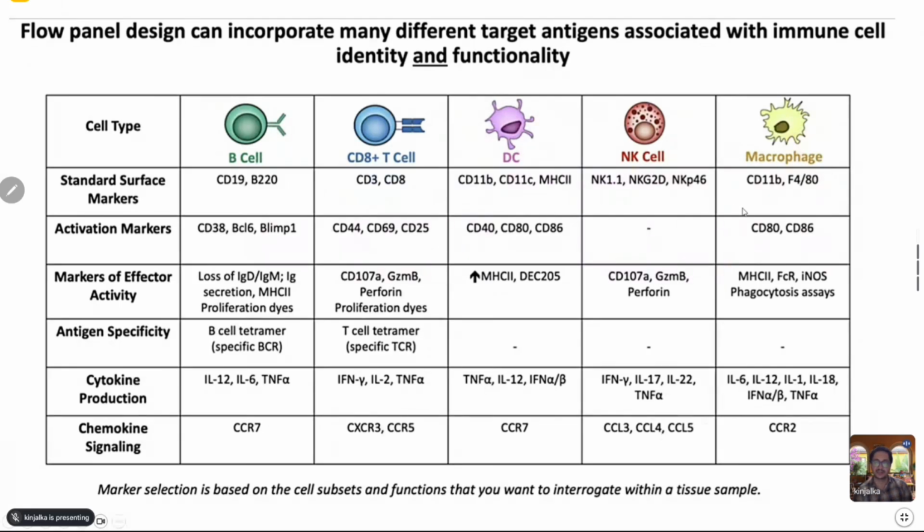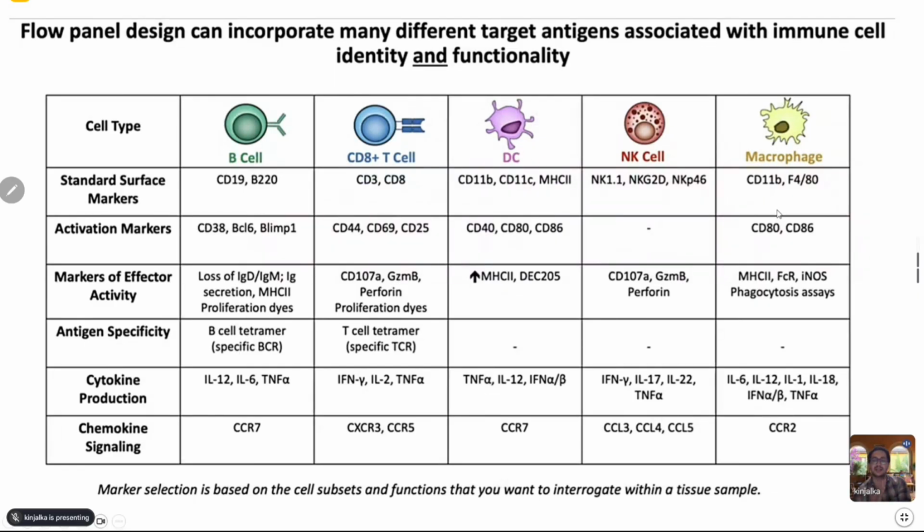to identify your cells of interest. Like CD11B is for macrophage or dendritic. It is expressed by both dendritic and macrophage. But CD11C is for dendritic, DC. So if you have CD11B and CD11C, both being expressed on a particular cell, then it is going to be a dendritic cell.